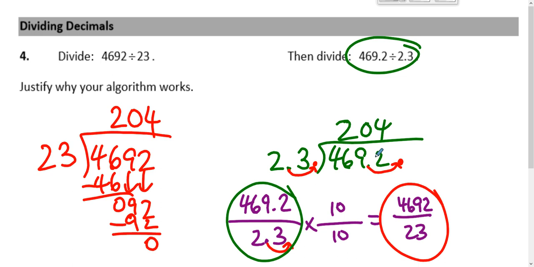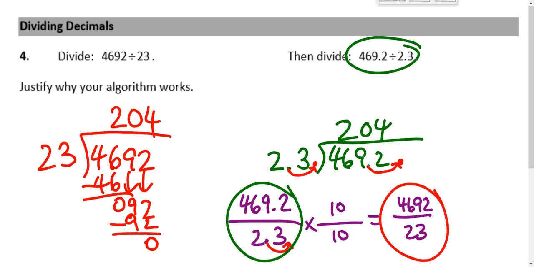There's math involved here, and that math involves equivalent fractions, making sure that this fraction is the same as that fraction by always multiplying numerator and denominator by the same quantity, because this fraction is 1.